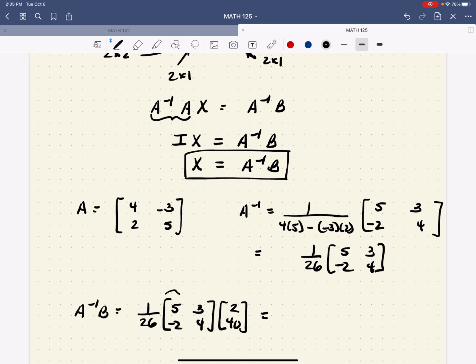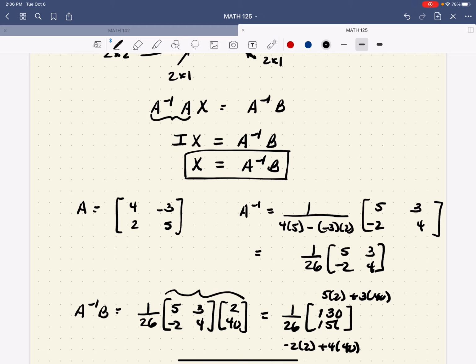I'm going to multiply these two together first. This is 5 times 2 plus 3 times 40, which is 130. And down here we have -2 times 2 plus 4 times 40, which is 156.